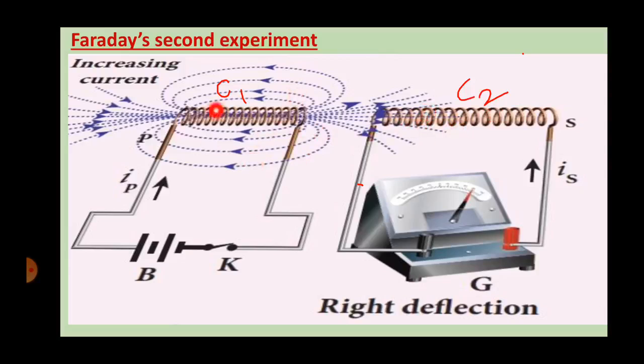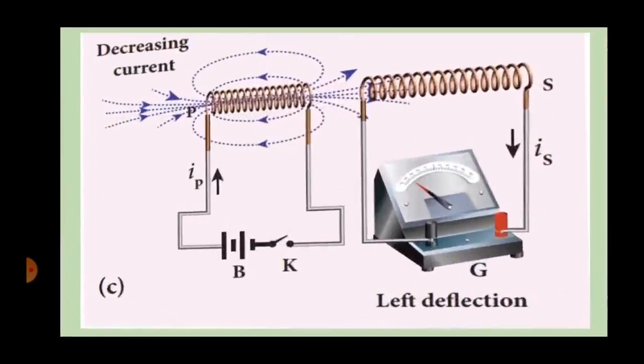This causes the deflection in the galvanometer. Suppose on releasing the key, that means opening the circuit, the galvanometer shows deflection in the opposite direction. This indicates that current is again induced in the coil C2.